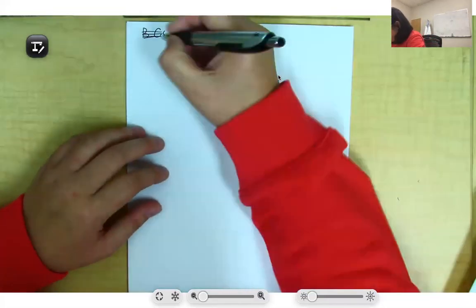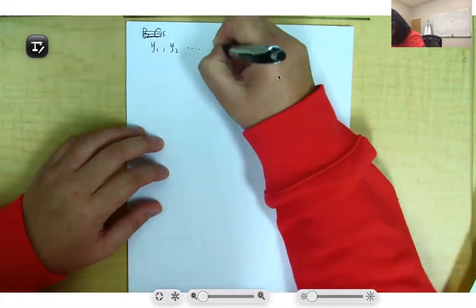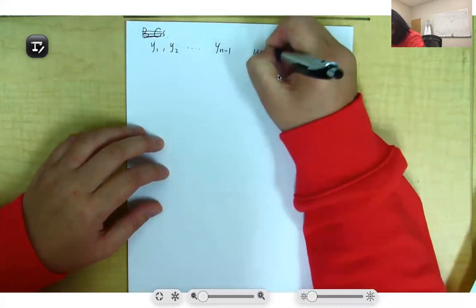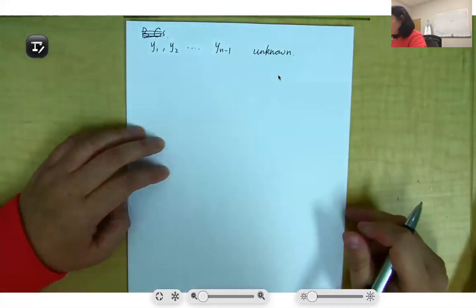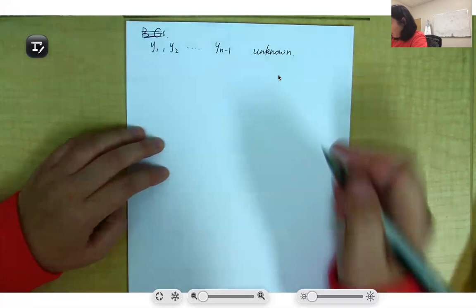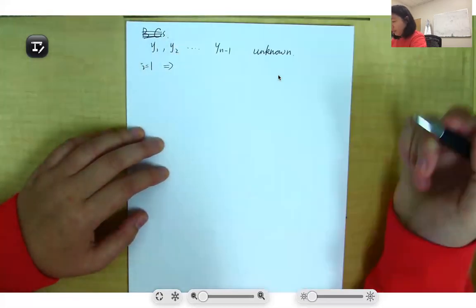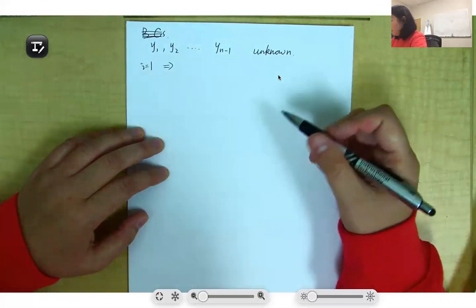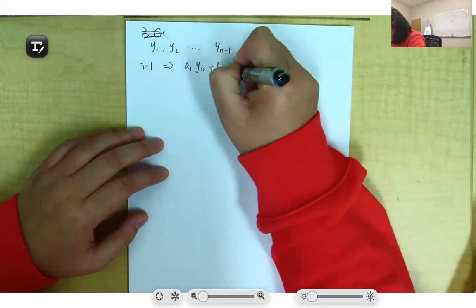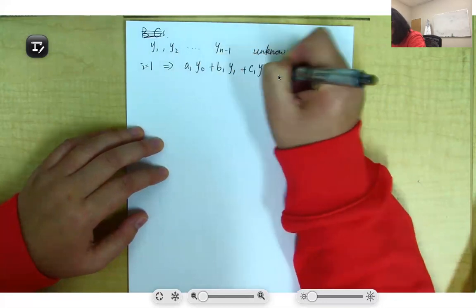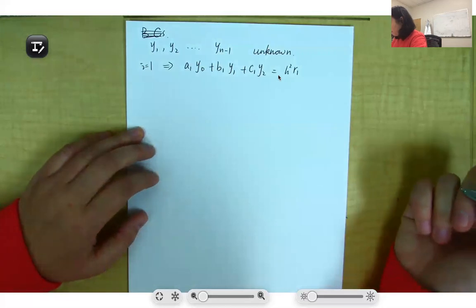So for y1, y2, until yn minus 1, these are the unknown parameters. And when i equals 1, our algebra equation will be a1 y0 plus b1 y1 plus c1 y2 equals h squared r1, right?